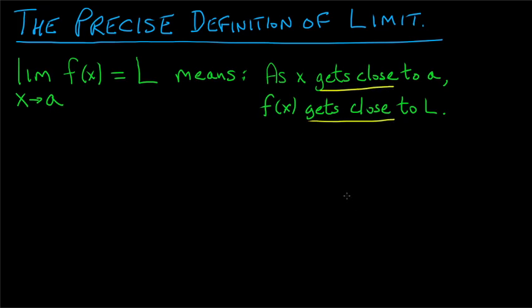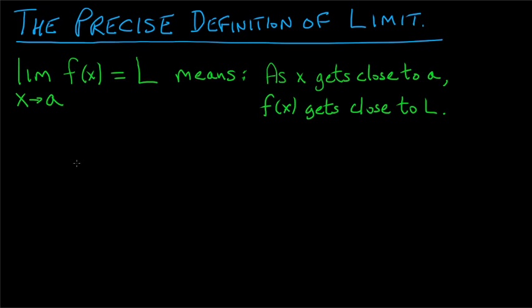As x gets close to a, what does that really mean? How close? How close is close enough? So we want to make that idea a little bit more precise here.